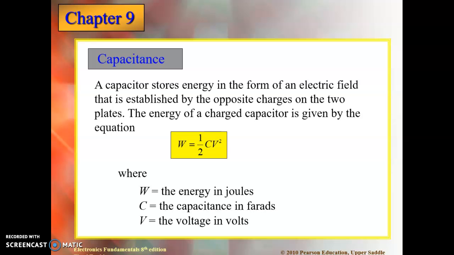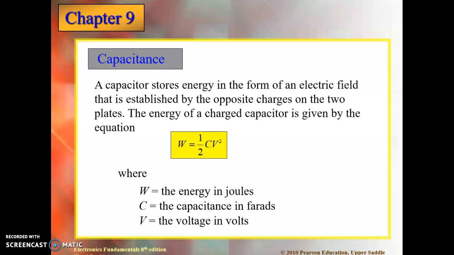A capacitor stores energy in the form of an electric field established by the opposite charges on the two plates. The energy of a charged capacitor is given by the equation. Now we are interested in the energy. The energy is 1/2 capacitance times voltage squared. We have different representations of this energy.